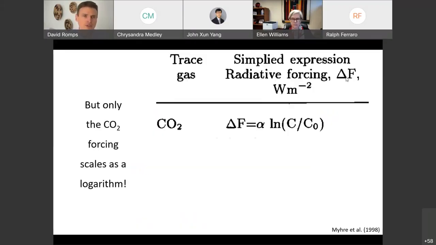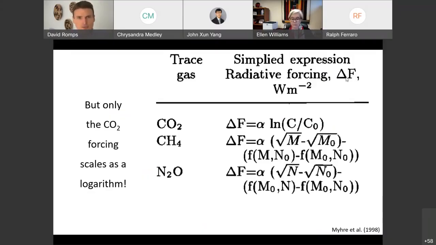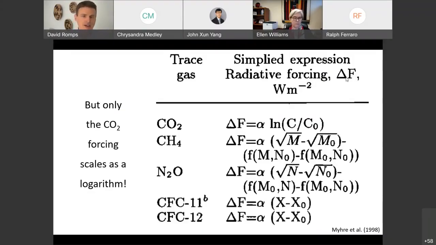But that then begs the question, why don't all greenhouse gases then have this log scaling? Carbon dioxide certainly does. This is the empirical formula for the forcing from carbon dioxide. We use a log because that fits the data best. But if you look at methane, you've got this square root business. Same thing for nitrous oxide. The CFCs, they're linear in their concentration, certainly not logarithmic.